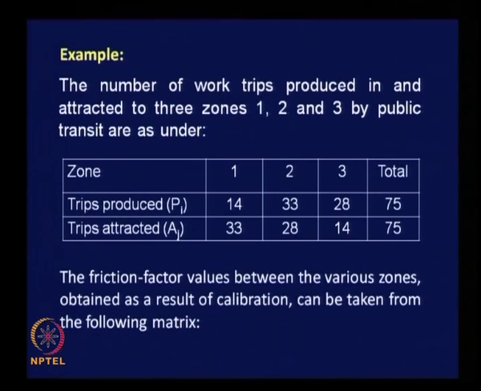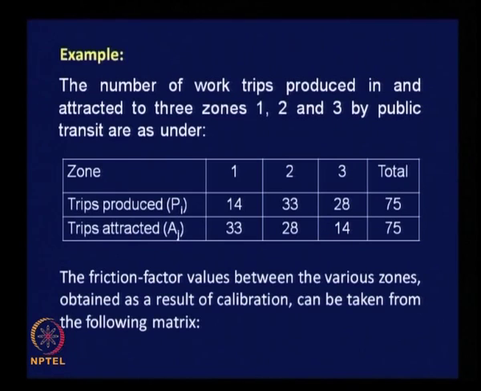The friction factor Fij values between the various zones, obtained as a result of calibration, can be taken from the following matrix. The calibration result is also given to you because we are trying to understand the application of the gravity model in this case.